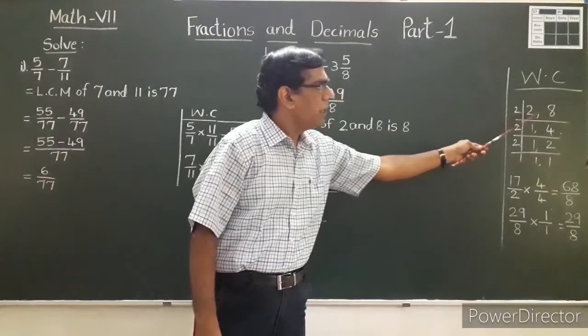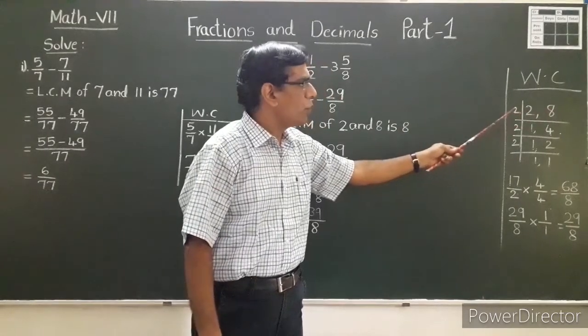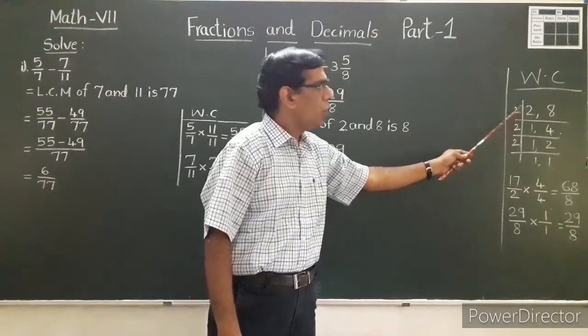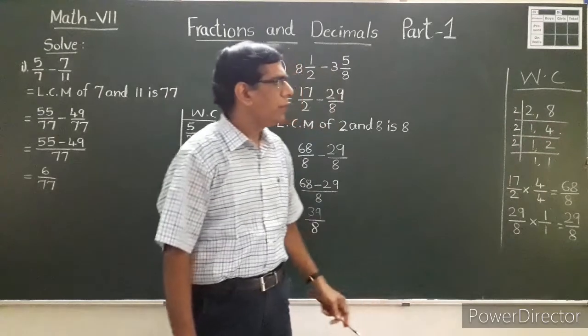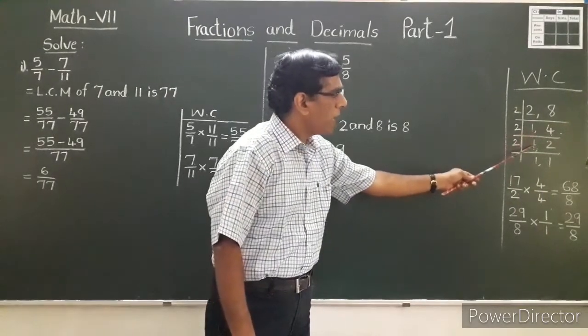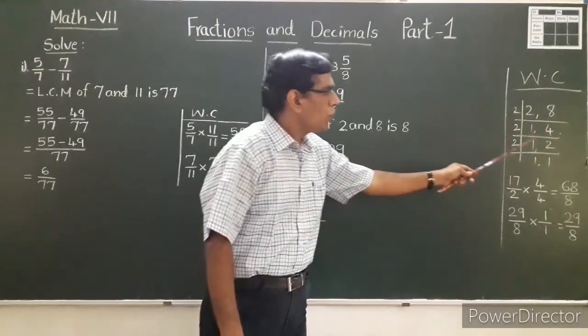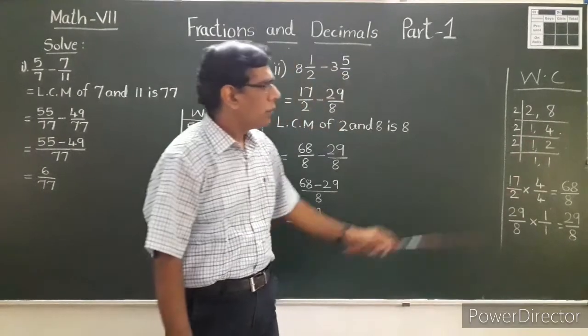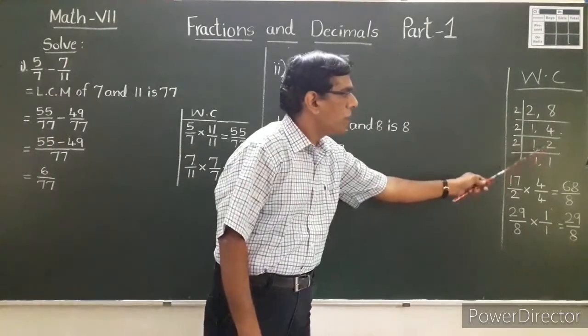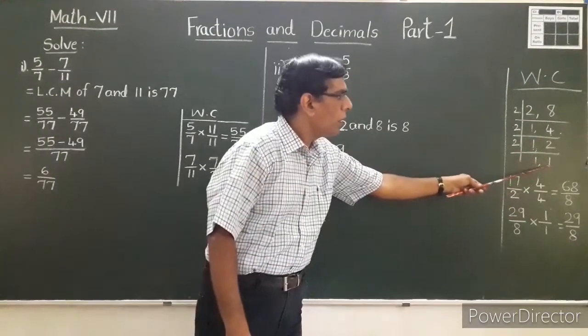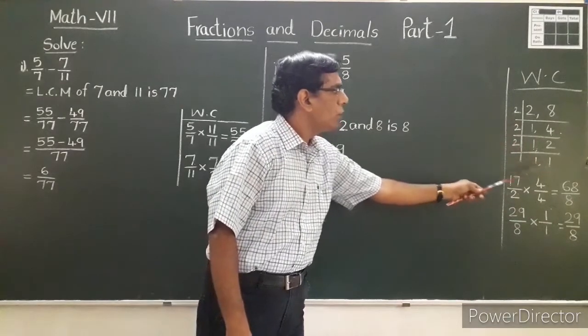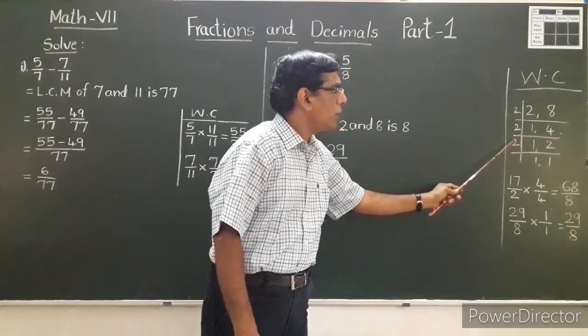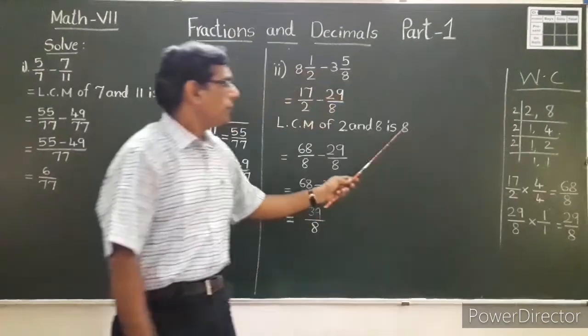I will divide these two numbers, 2 and 8, by 2. 2 1s are 2, 2 4s are 8. Then again 1 as it is. So 2 2s are 4. Then again 2 1s are 2. Now I multiply 1 1 2 2 2. So 1 into 1 is 1, 1 2 is 2, 2 2s are 4, 4 2s are 8.